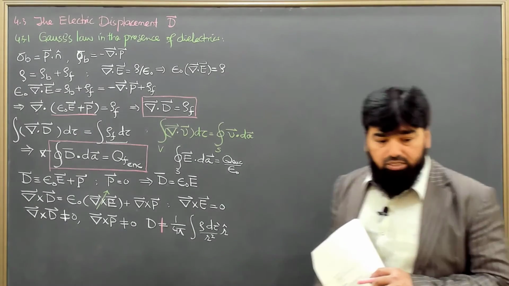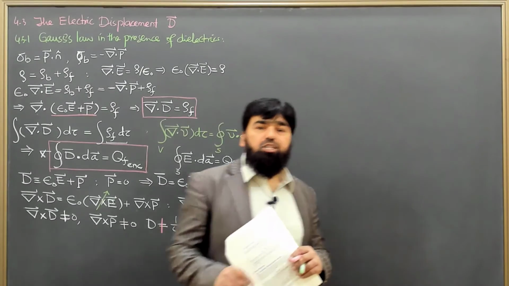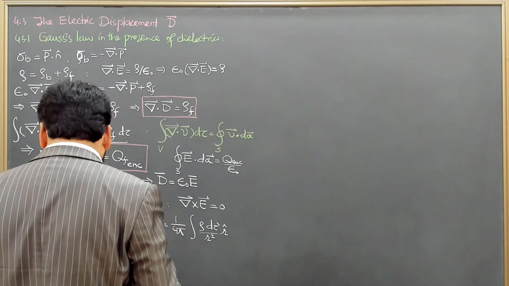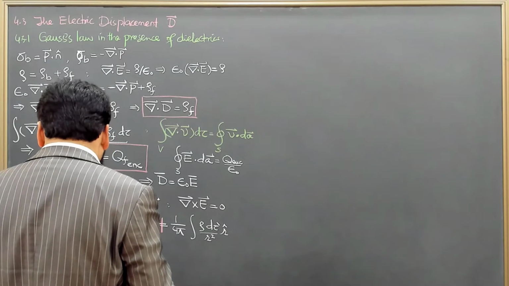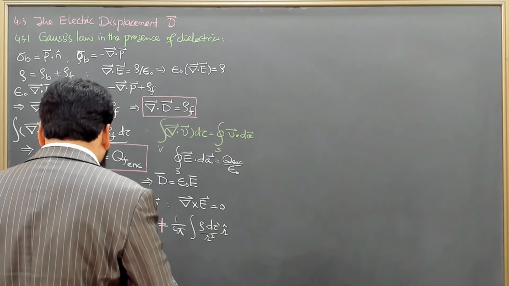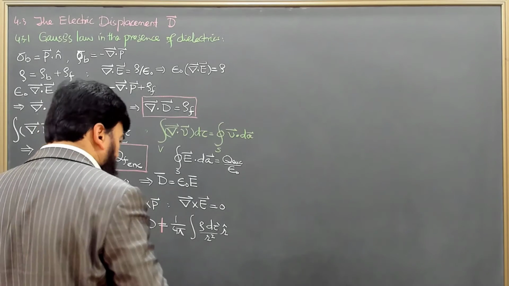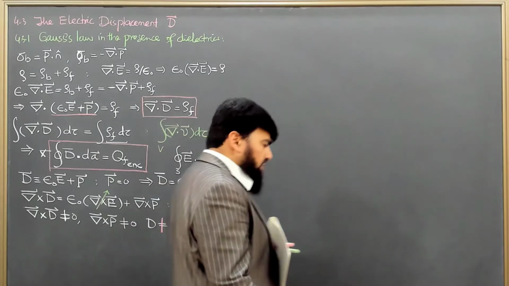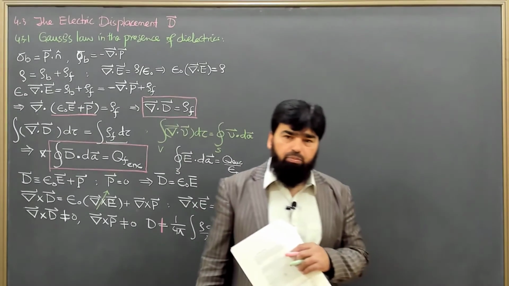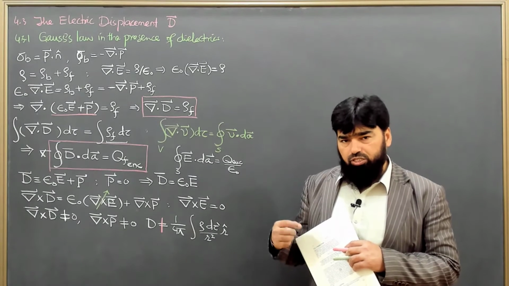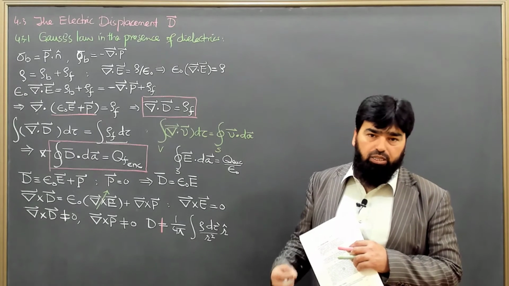The other thing is that the boundary conditions are different. As we have not yet done the boundary conditions, these will come in the seventh chapter as well, and then in the ninth chapter.